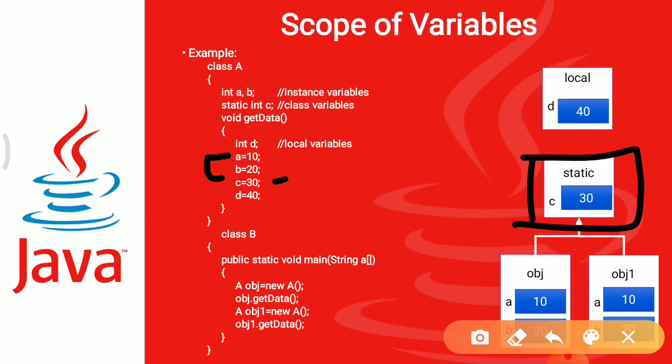So we can declare obj, obj1, obj3, obj4, 5, 6 till 1000 or to infinity. This static variable remains shared for all the objects.